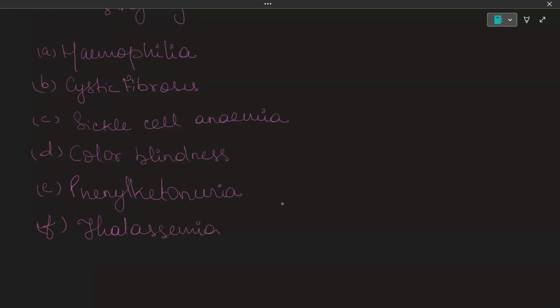Now remember one thing over here, a great characteristic of Mendelian disorders is how they get inherited by the next generation. This disease can be dominant and it can be recessive, meaning it can be inherited in a dominant fashion as well as in a recessive fashion.